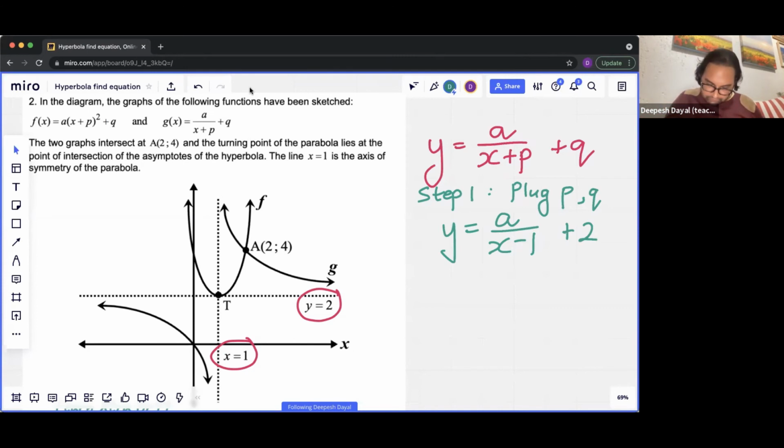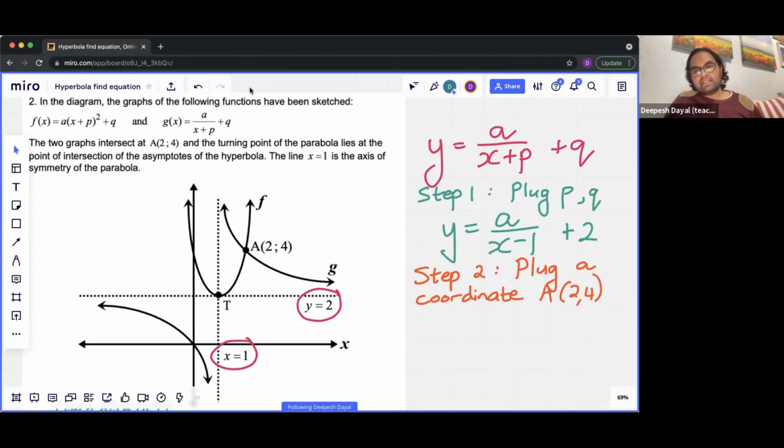Step 2. Plug in a coordinate. Then here we've got A, right? Which is 2 and 4. So we're going to plug x is 2 and y is 4 into the equation.